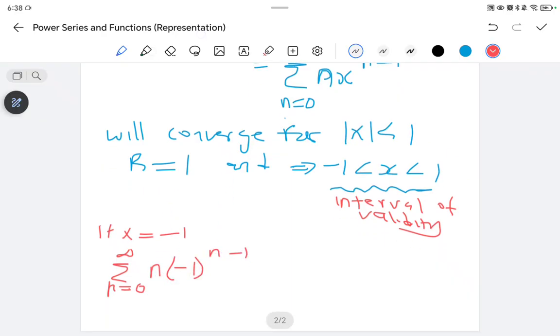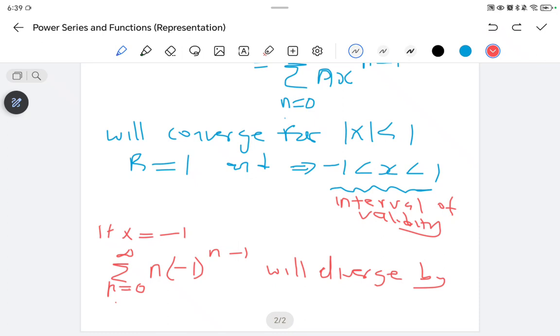One thing we know about this is that this series will alternate. So this will diverge by the divergence test, or by the alternating series test.